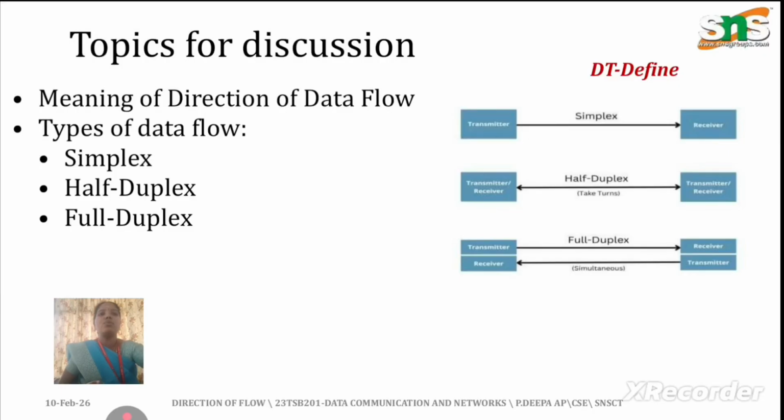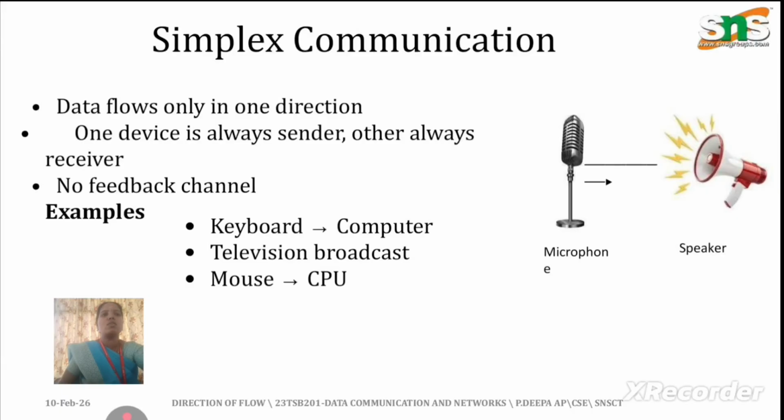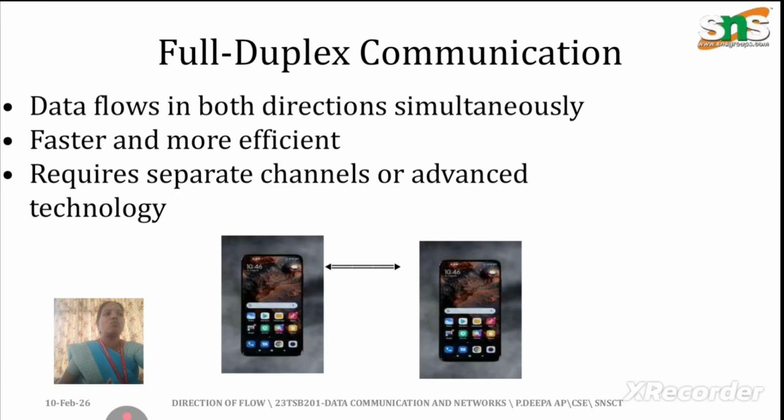Finally, we come to full duplex, which is the most advanced and efficient form of data flow. In full duplex mode, data flows in both directions at the same time. Both devices can send and receive data simultaneously. Think about mobile phone calls or a video conference.